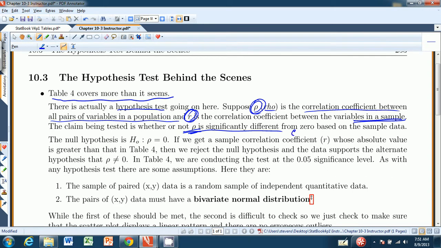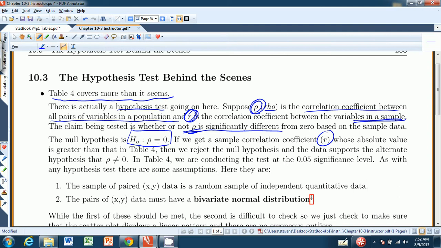So the claim is that rho is not equal to 0, and we're testing that claim. Right? So the null hypothesis gets the equal to sign. The null hypothesis is rho equals 0. If we get a sample correlation coefficient R that's big enough, then that's saying we have enough evidence to reject the null and accept the claim that rho is not 0, right?